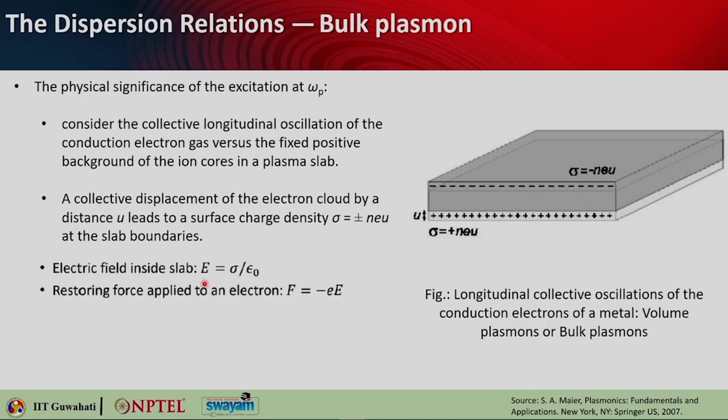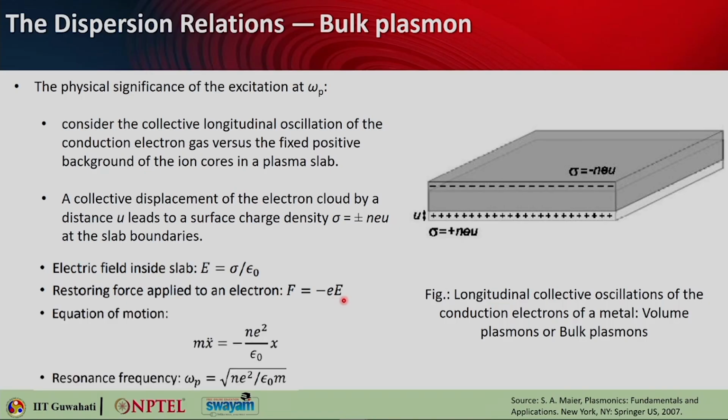Now, the electric field inside the slab can be defined as E equals sigma by epsilon naught. The restoring force applied to an electron is F, which can be written as minus e, the charge of the electron, times the electric field that has been applied.